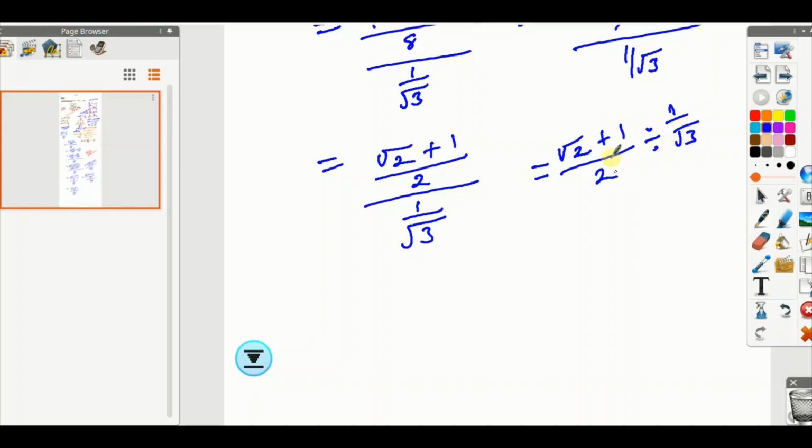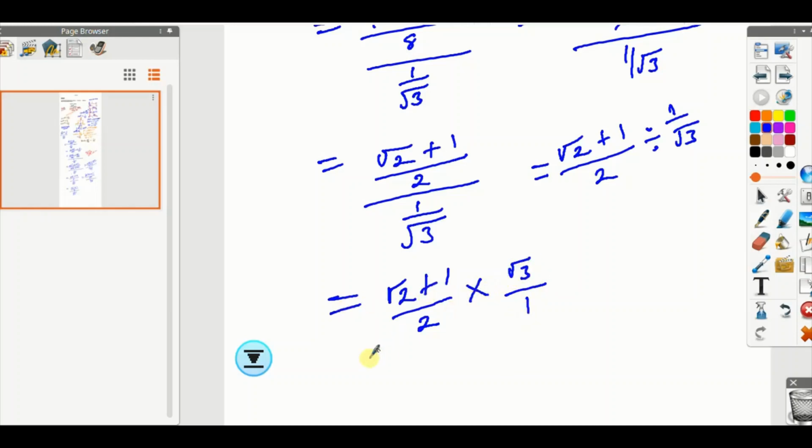Now we know that if this division changes to a multiplication sign, then we reverse this: the numerator will come to the denominator, while the denominator will become the numerator, right? We have our root 2 plus 1 over 2 times, now change this, we have square root of 3 as the numerator.